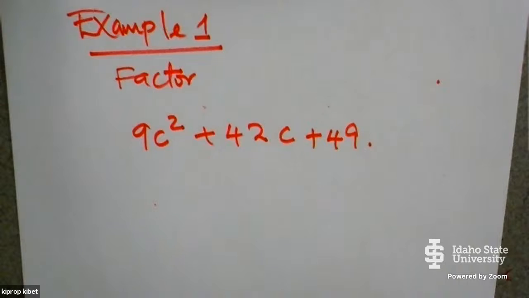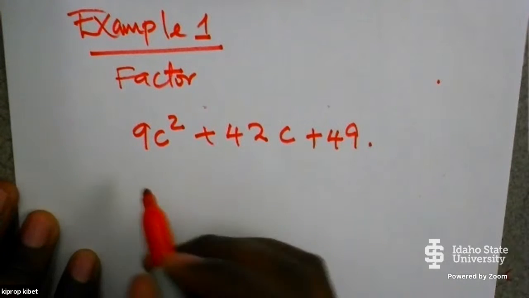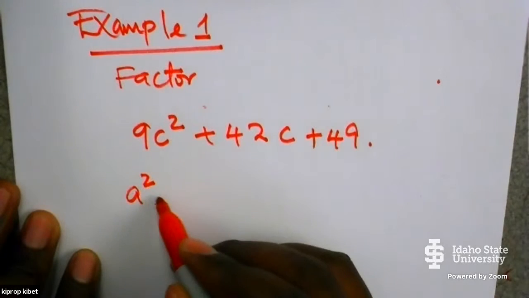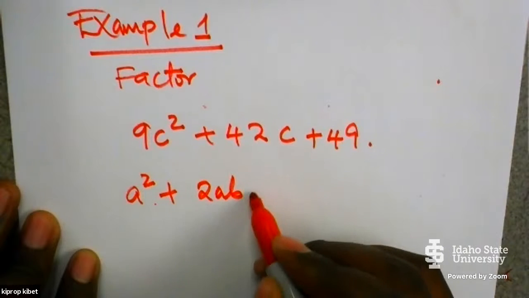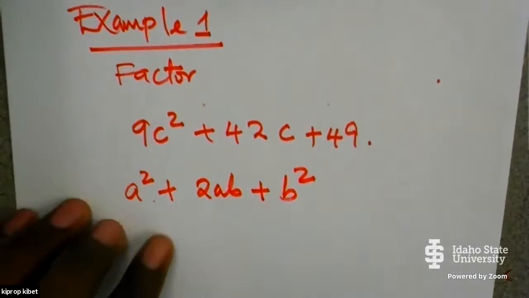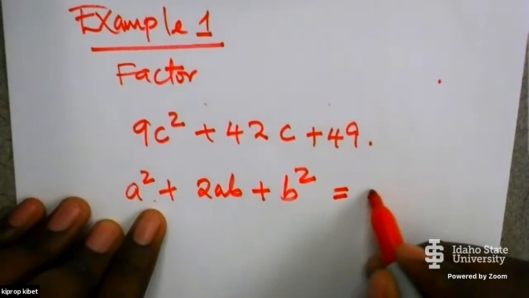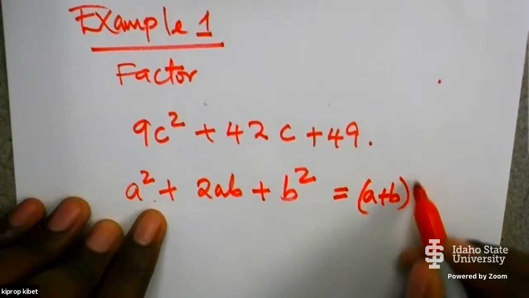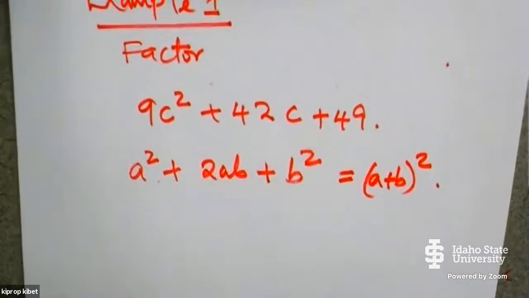Now, how will we factor this? Looking at this, it is similar to number 1, right? So this is similar to a squared plus 2ab plus b squared, right? Now, the factors of these are a plus b squared.